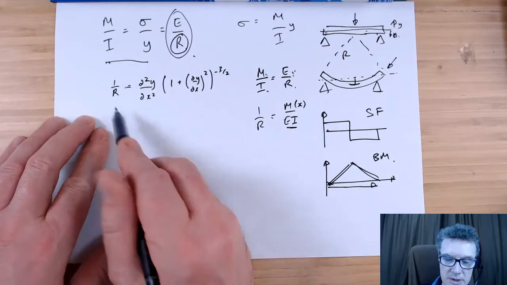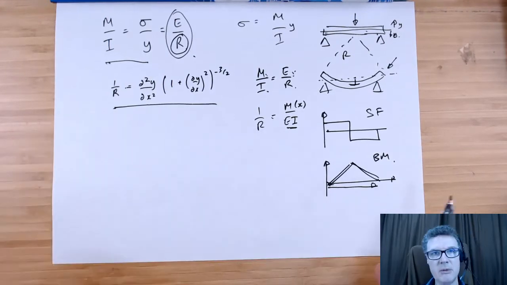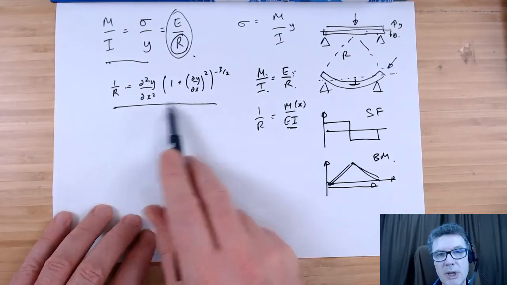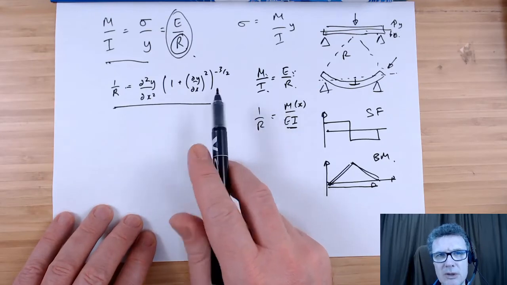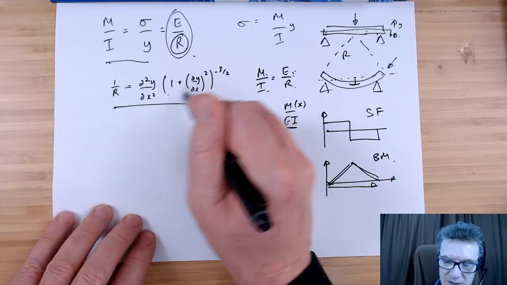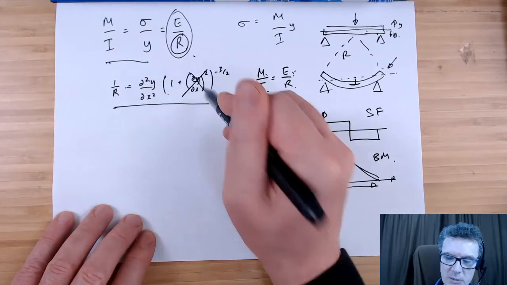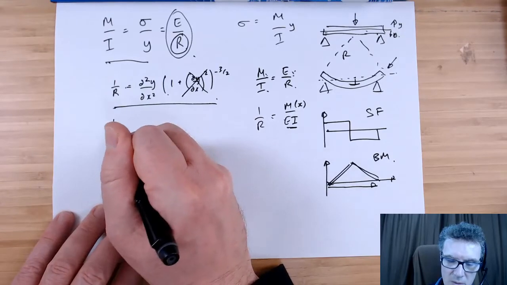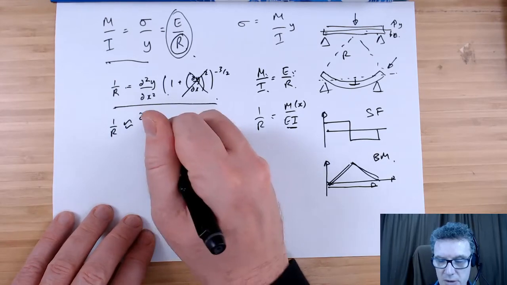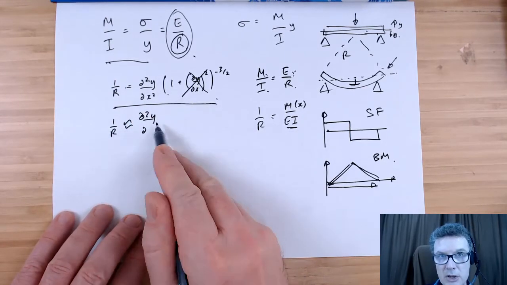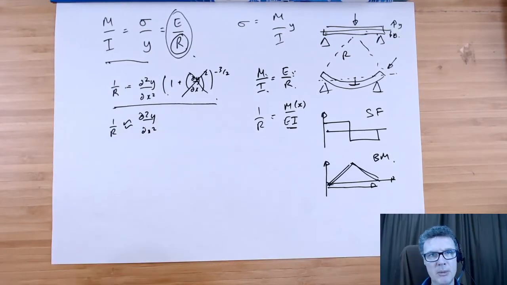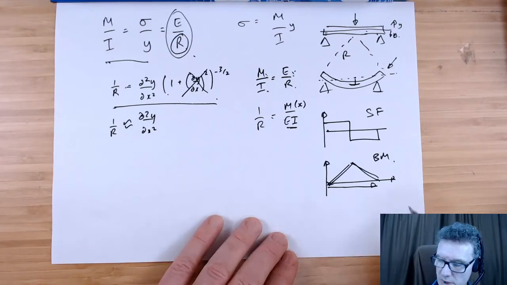And this is a little bit of maths which Arnold quoted from the book, and we will not be integrating this because we would take quite a while trying to do these integrations. So we're going to simplify this term down, say this tends to be quite small, so we can simplify this down to 1 over R approximately equals the second order differential of the deformation as I go along the beam, differentiated with respect to x twice.